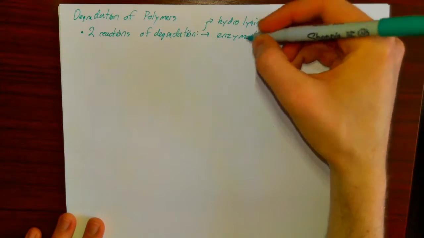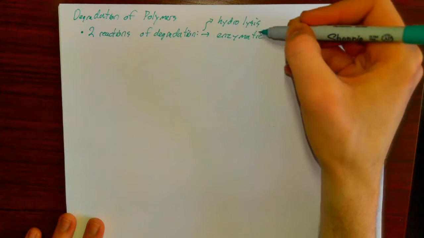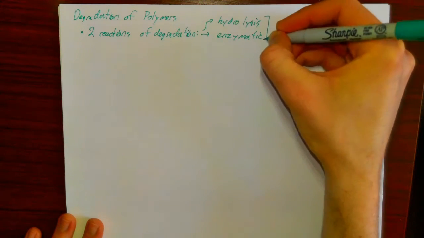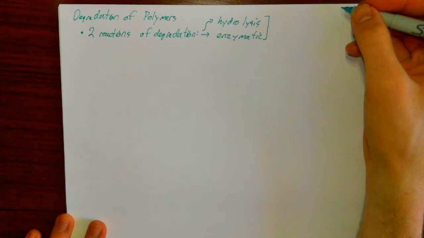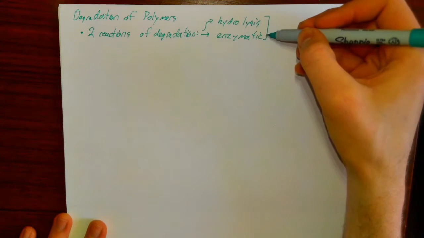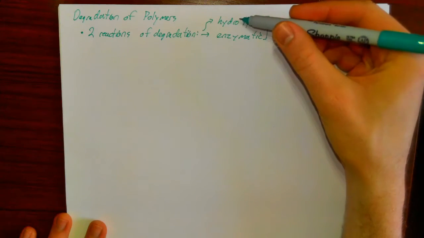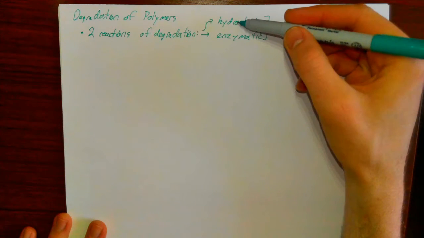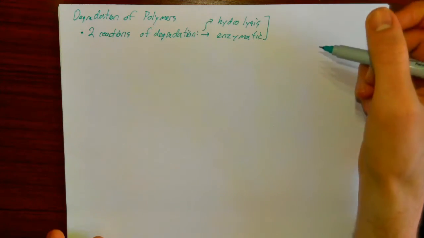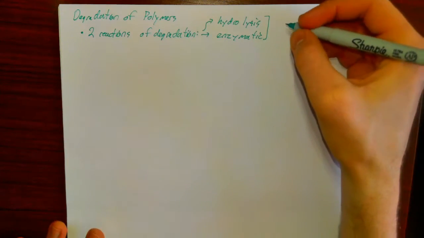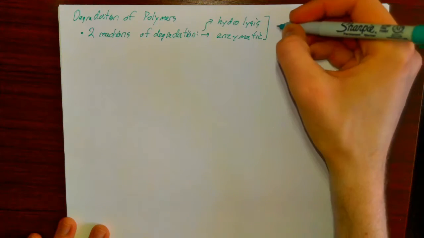And when we talk about hydrolysis versus enzymatic degradation, I'll give a bunch of examples of polymers. Some polymers which typically experience hydrolytic degradation, other ones which typically exhibit enzymatic degradation in the body.